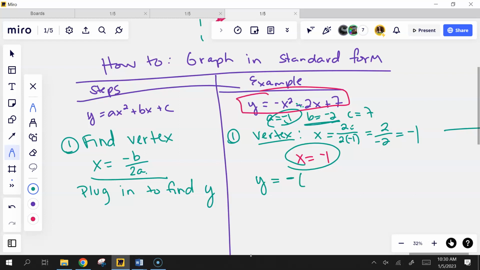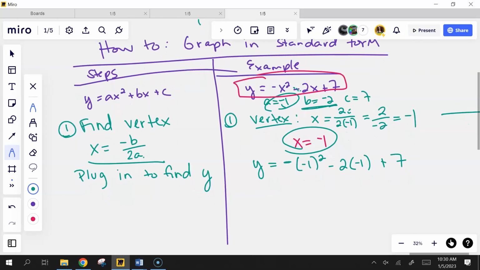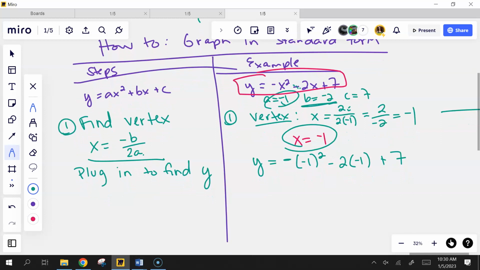So I got negative (-1) squared minus 2(-1) plus 7. All I did was take out every x and plug a -1 in place of it. Does everybody see that? Okay. Now let's simplify it. This is the hardest form to graph in as well, y'all, so I'm sorry. It's a loaded lesson for the first day.